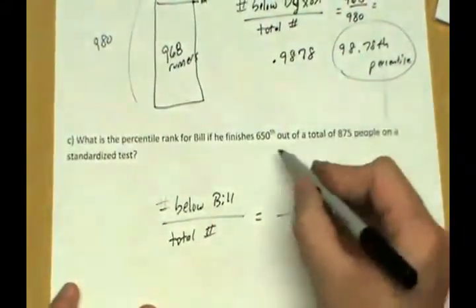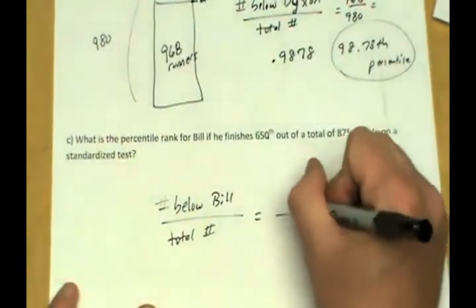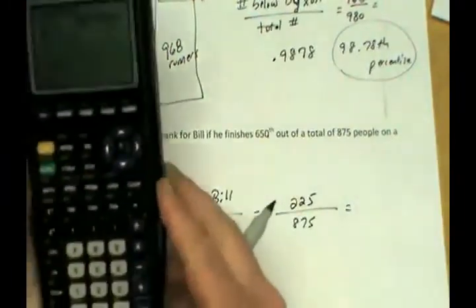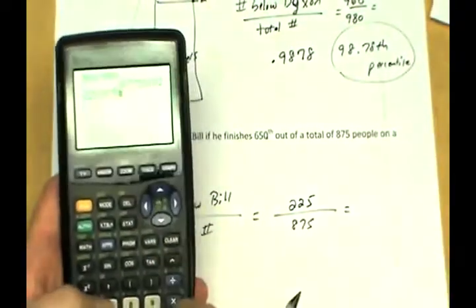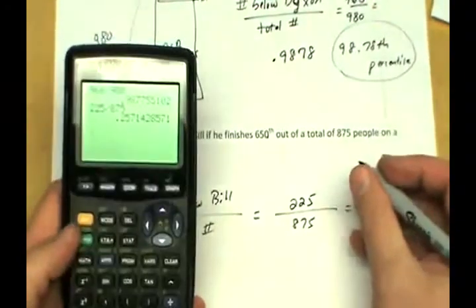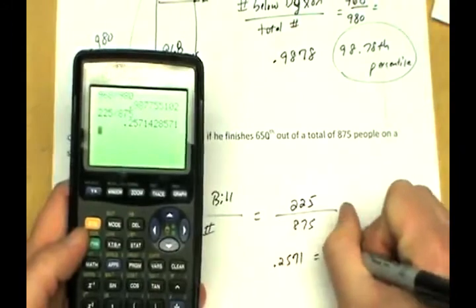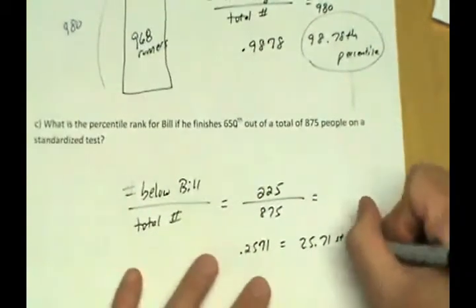The number below, how many are below to get to 875? You're looking at 225 are below. So 225 divided by 875, we're looking at 0.2571, so 25.7 first percentile.